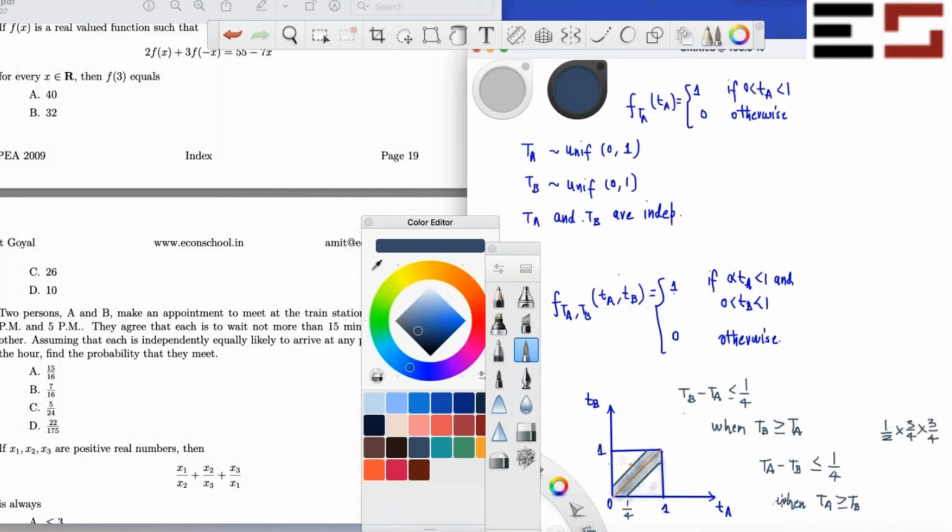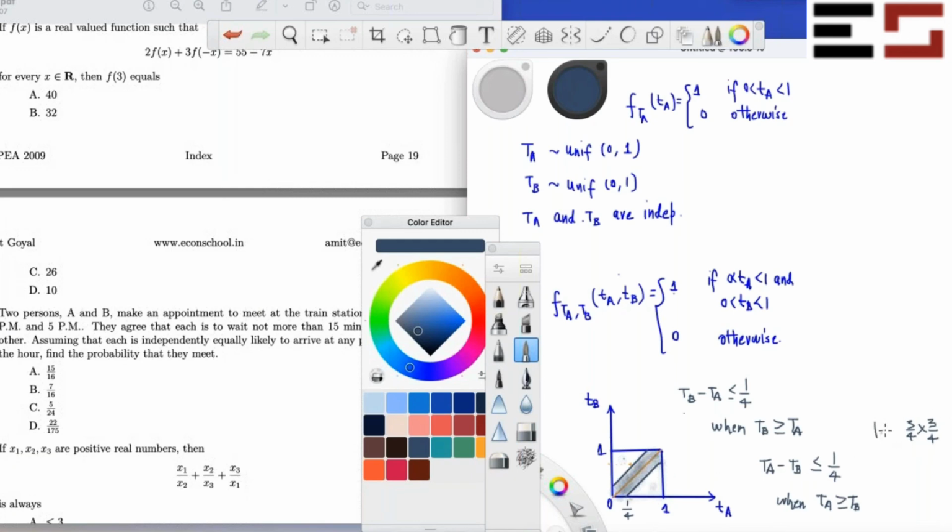Right? This is 3 by 4, this is 3 by 4. So what is the area of this triangle? Half into base into height. This is the base, this is the height. And this area is also the same, so multiply by 2. So what is this probability?